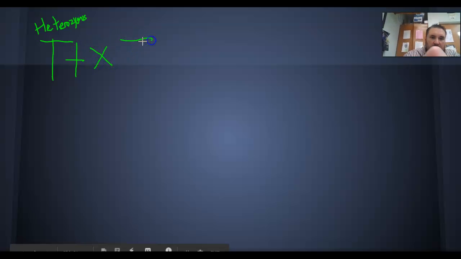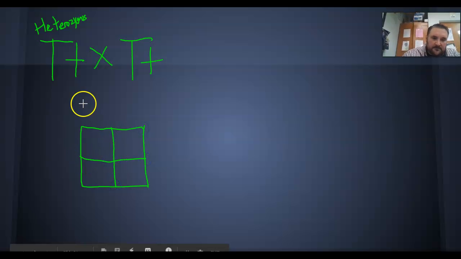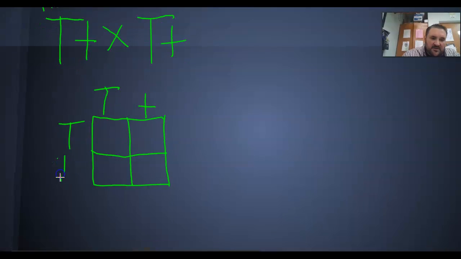And both of them are heterozygous tall. We set up our Punnett square. You put one parent on top, and you make sure you segregate the alleles. You put the other parent on the side. Do not cross these up.